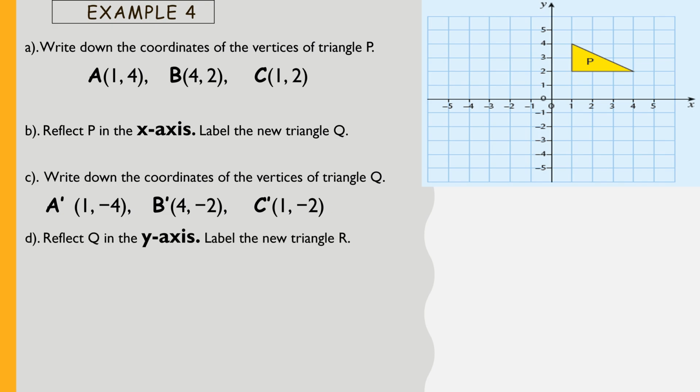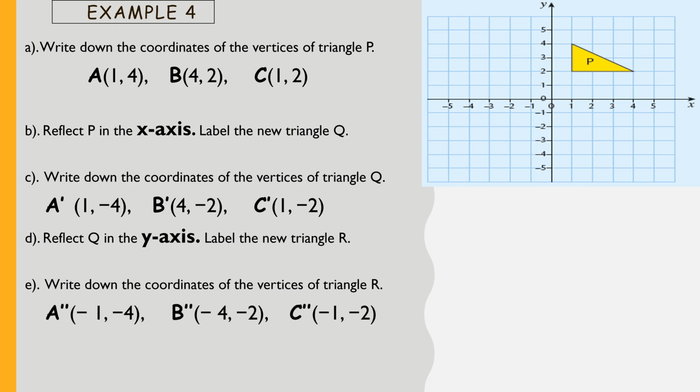The next question says reflect Q in the y-axis and label the new triangle R. Now, when you reflect Q in the y-axis, remember the rules. The y coordinate remains the same while you multiply the x coordinate by -1. So you would get -1, -4, -4, -2, and -1, -2.